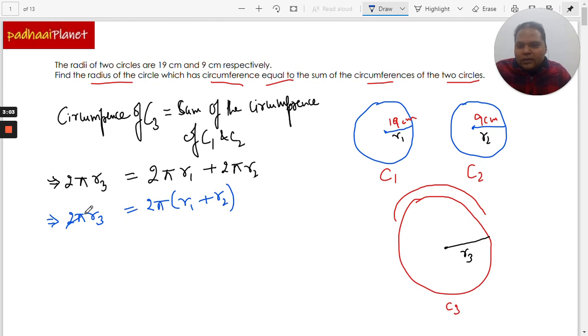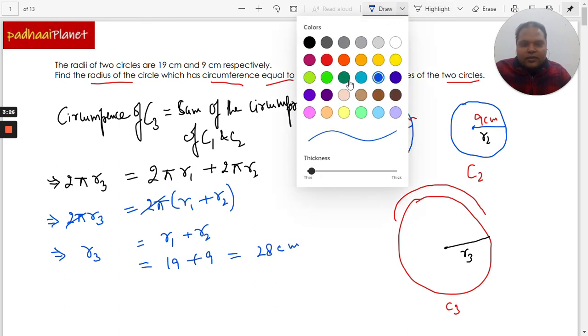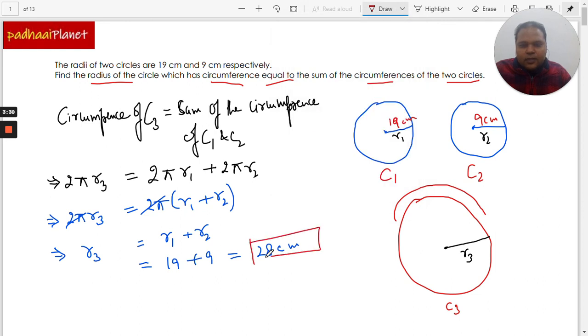Now the 2 pi gets cancelled, and R3 is simply equal to R1 plus R2. So that's 19 plus 9, which is equal to 28 centimeters. So that's the answer.